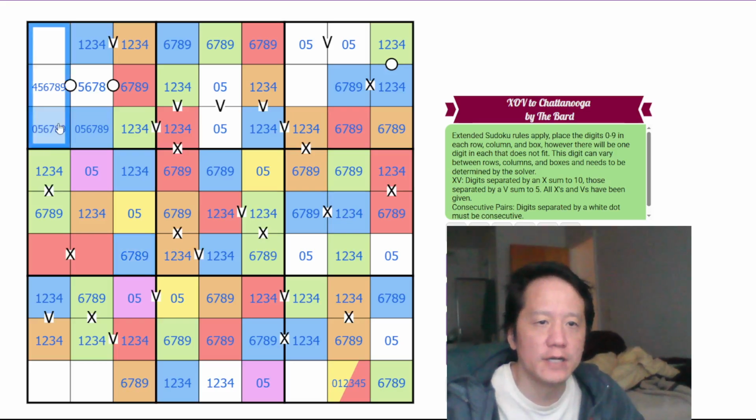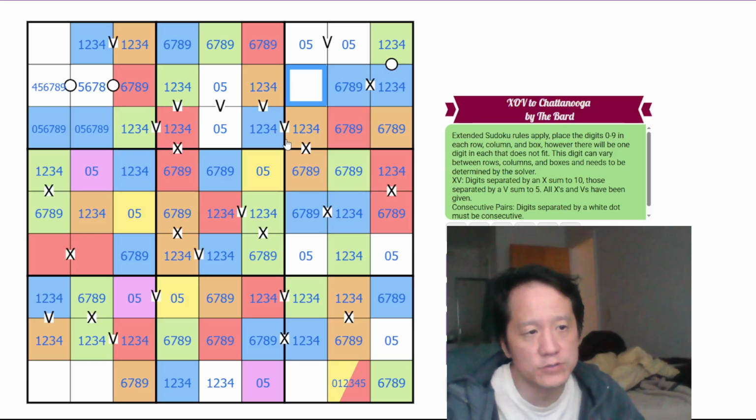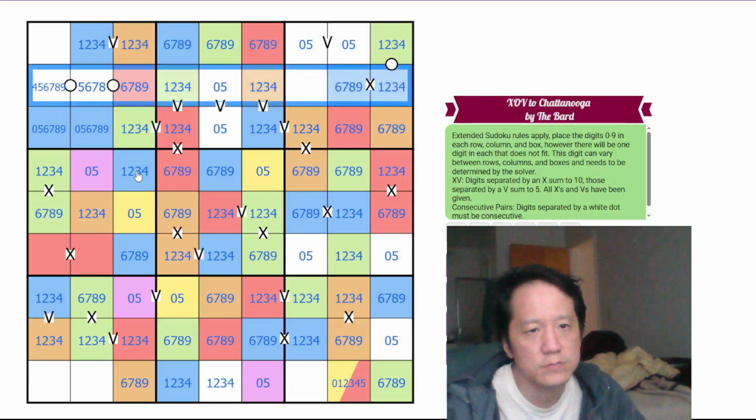High green cannot be here and cannot be here. It's missing here then. It could be actually missing there also in row 2. We're not sure.